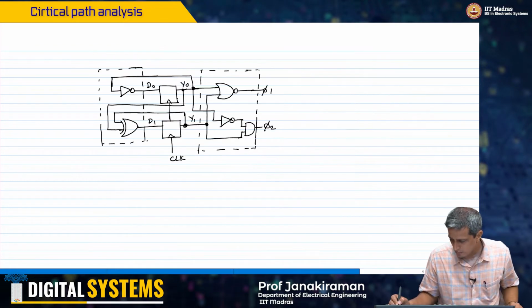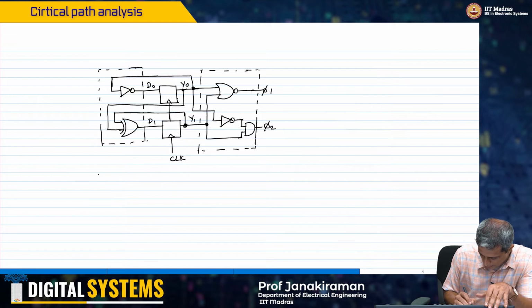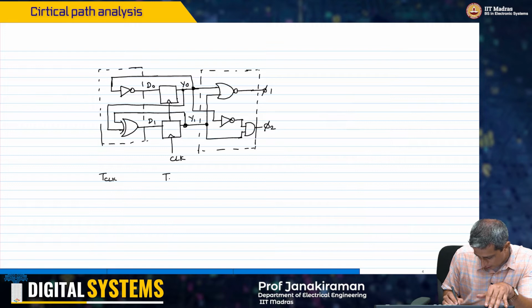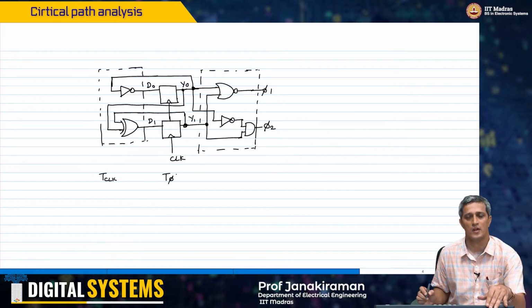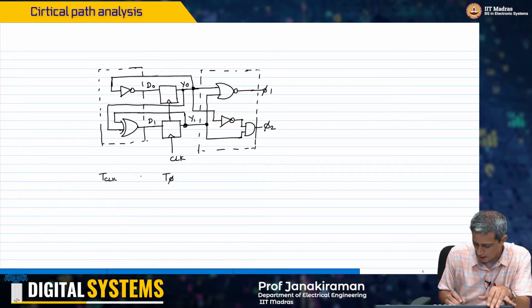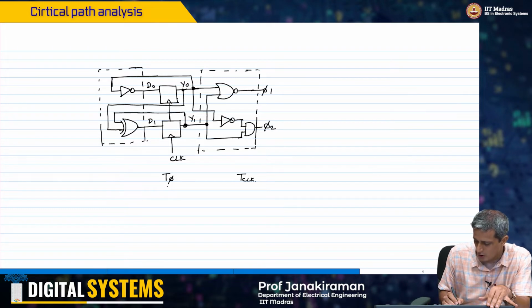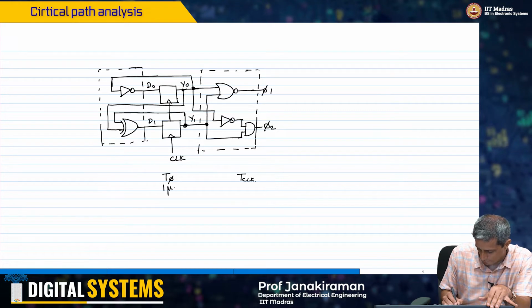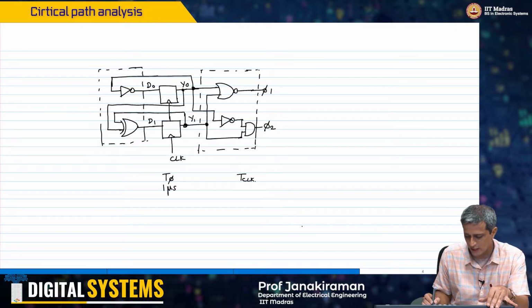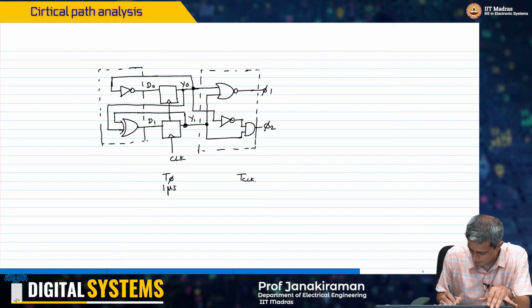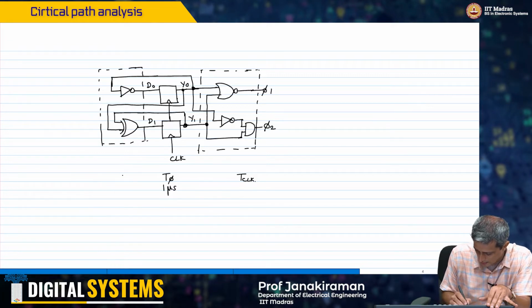Let's keep this in mind. This is T clock, and this is T phi. Let us say I want T phi to be 1 millisecond, and I'll write the same thing in frequency also, f phi.